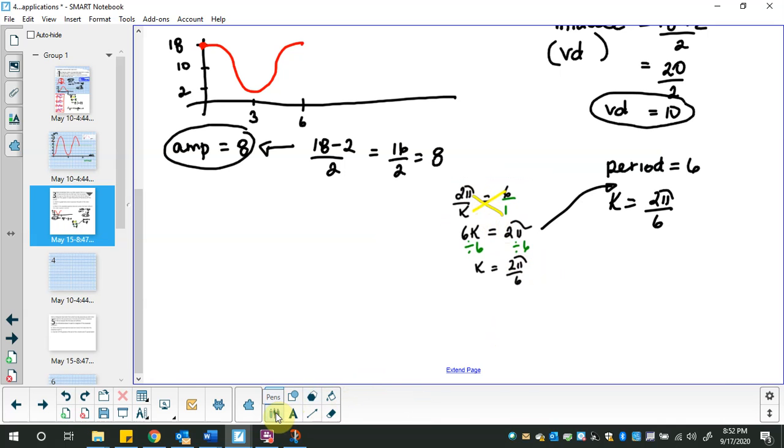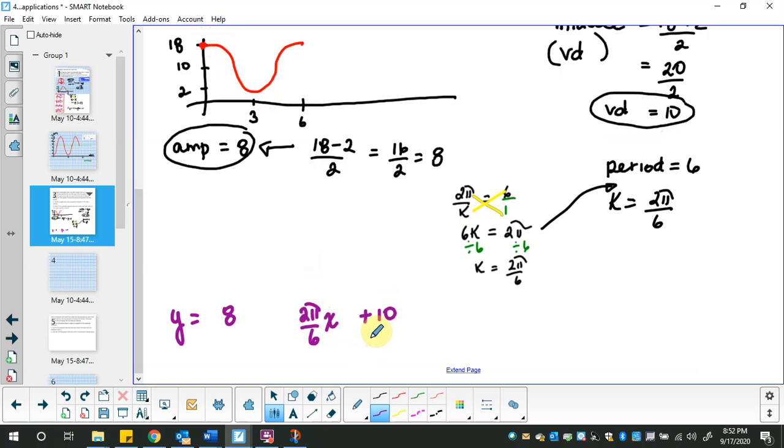All right, so y equals some kind of 8 sine or cos 2 pi over 6. This starts perfectly up against the y-axis, so I don't have to worry about a phase shift. So I'm going to throw in an x, and then my vertical displacement is 10.